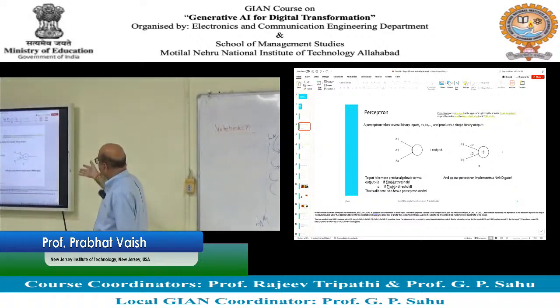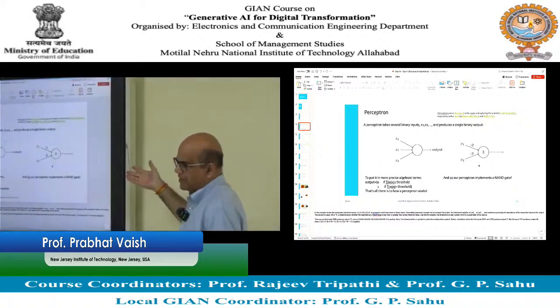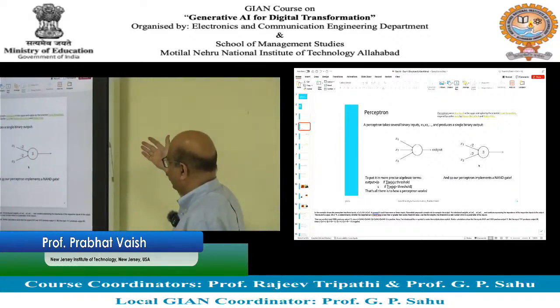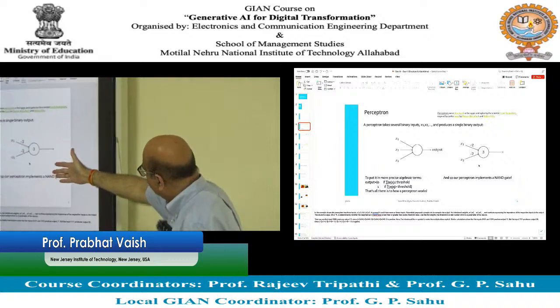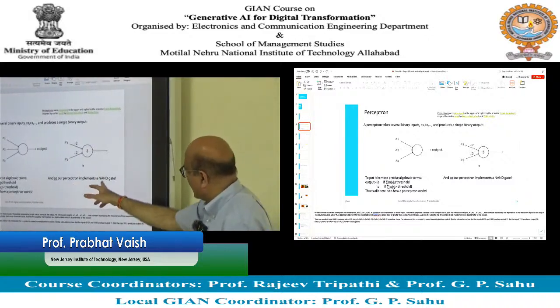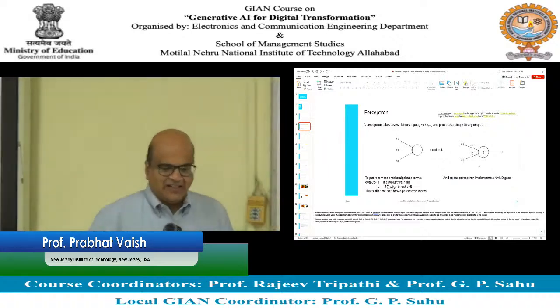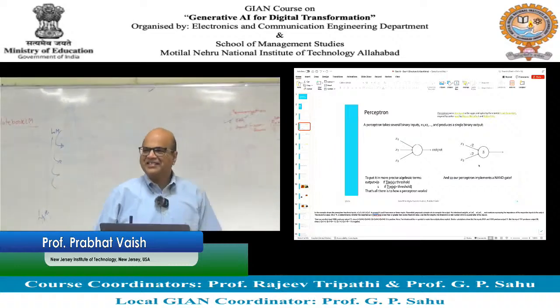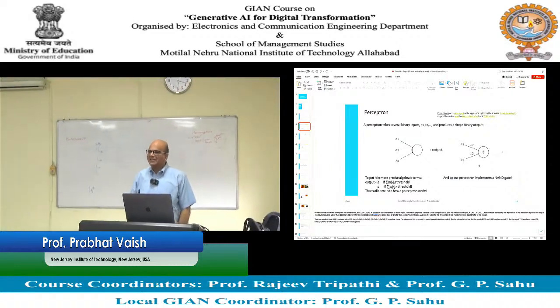The reason I'm going to start with a perceptron is because this was historically the first thing. It takes n number of inputs and produces an output. With proper weightages, this actually implements a NAND gate. Anyone remember what the NAND gate is? And why is that important?